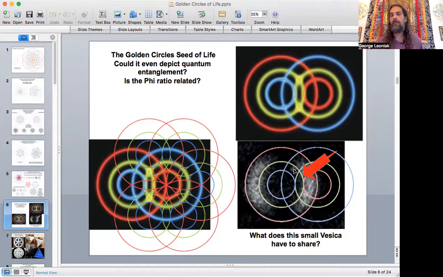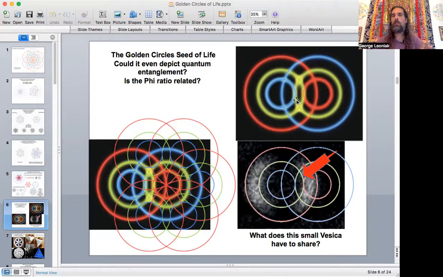And then I saw this image a long time ago, which I believe this design is probably based on. I put the phi ratio circles around it and saw that this little band denoting some sort of spooky action at a distance fit right in that band. I thought, that's the golden circle seed of life pattern that I've been working with, but it's just one example of it.